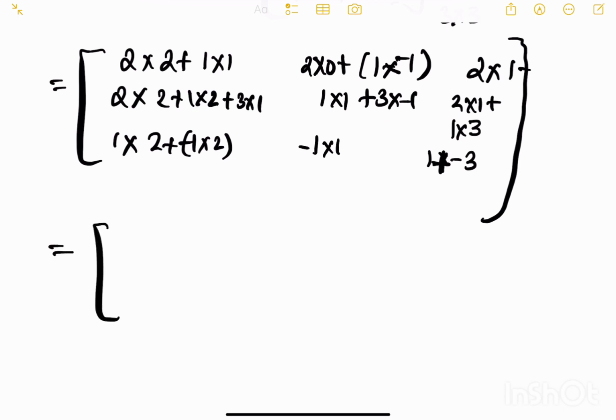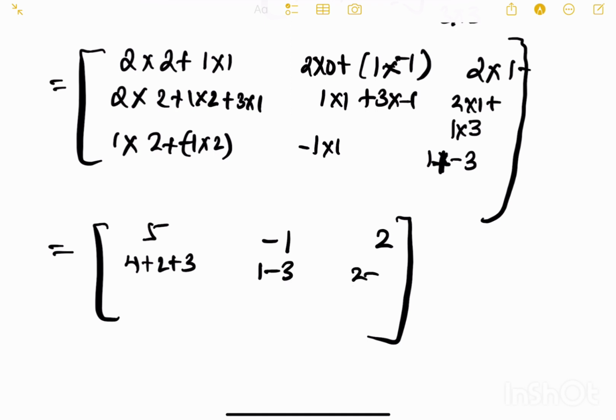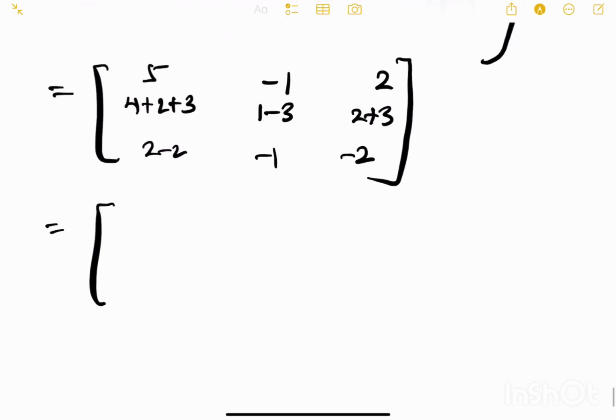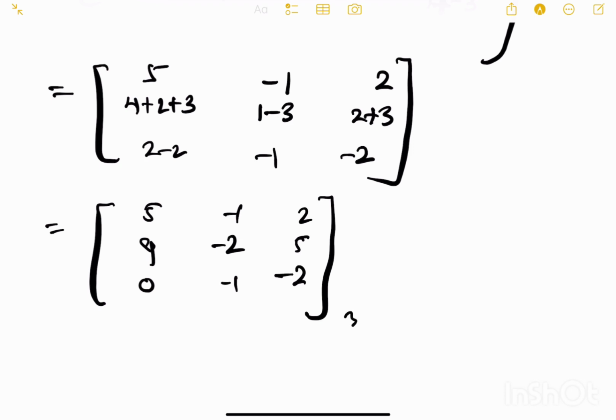This is 4 plus 1 is 5. This is minus of 1. This is 2. This is 4 plus 2 plus 3. This is a 1 minus of 3. This is 2 plus 3. This is 2 minus of 2. I will just simplify this. 9. This is 0. This is minus of 1. This is 2. This is 5. So this is my resultant matrix of A square.